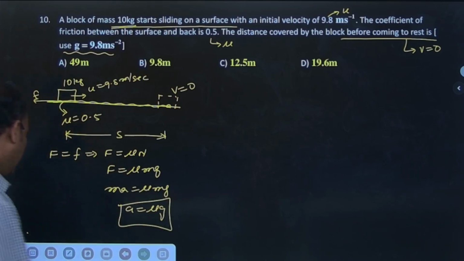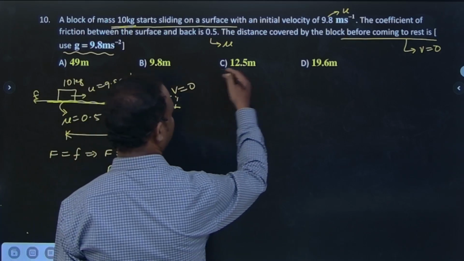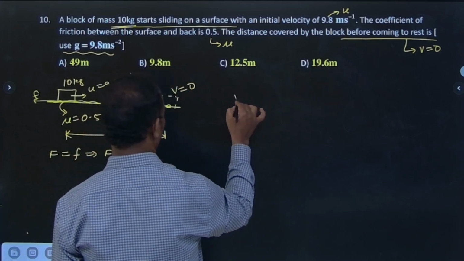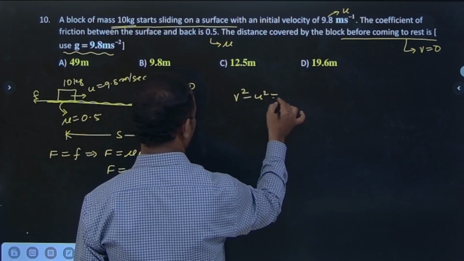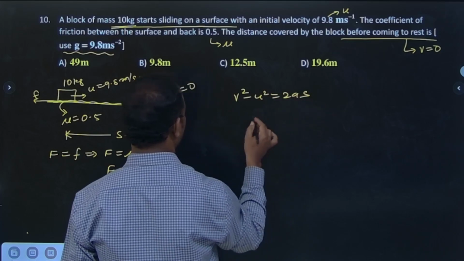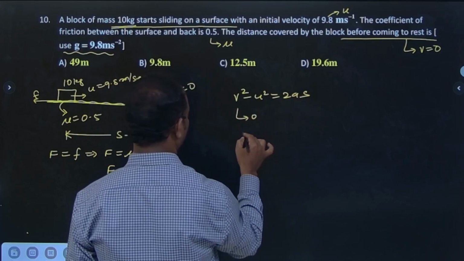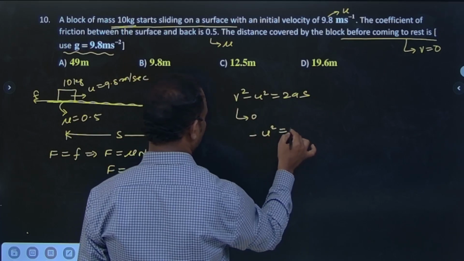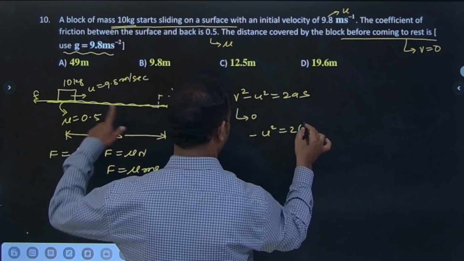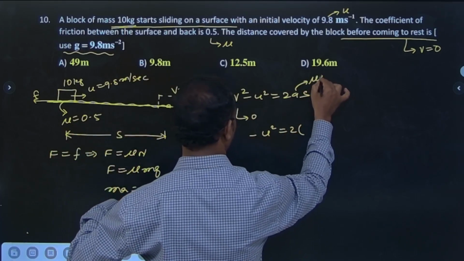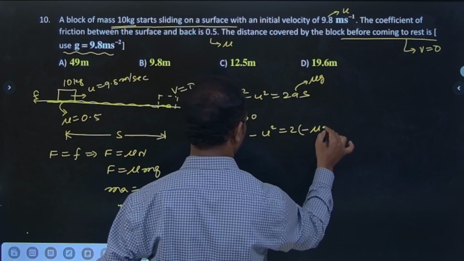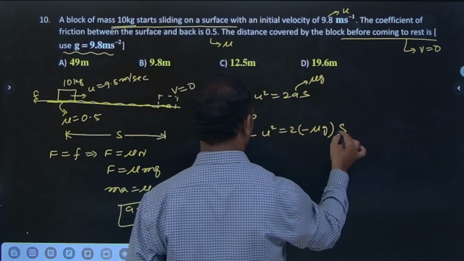Now it is decelerating, coming to rest. So v square minus u square is equal to 2aS. Here v is 0, so minus u square is equal to 2 into minus mu into g into S, where S is the distance traveled.